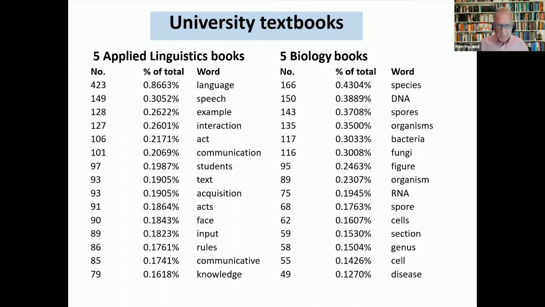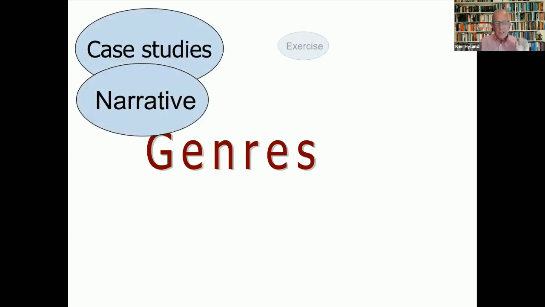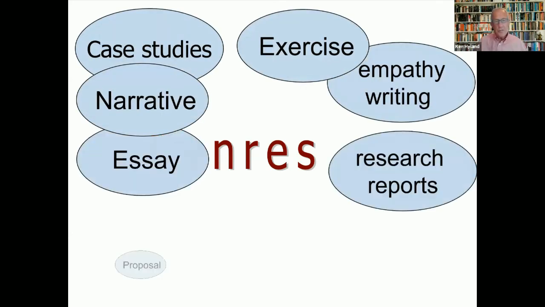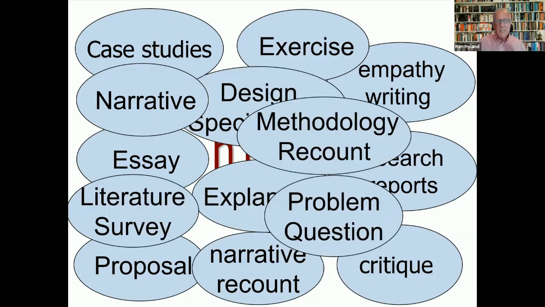We also know that different fields make use of different genres. In their large-scale corpus study of 30 disciplines in UK universities, Nesi and Gardner found 13 different genre families, ranging from research reports, design specifications, narratives, methodology recounts, all different.